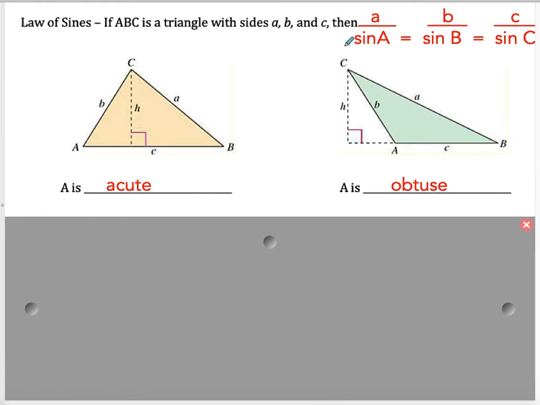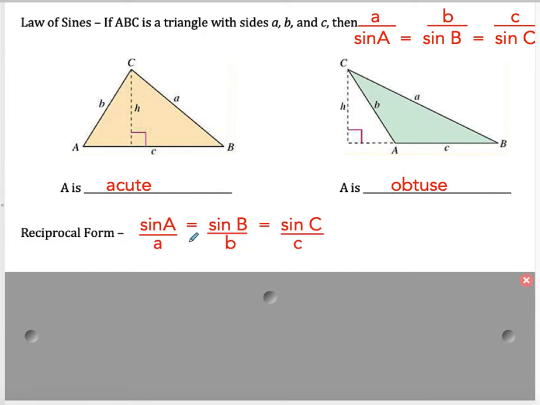Now, some students prefer writing it like this, the side over the trig function, but it's true the other way as well, okay? So the reciprocal form, you could flip them: the sine of A over the side, the sine of B over its side, the sine of C over its side.